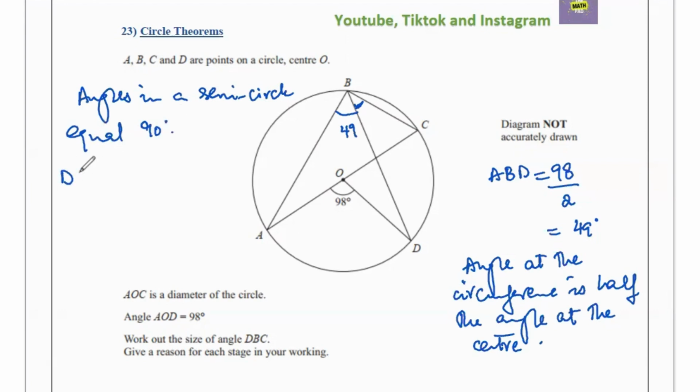Which means DBC is going to be 90 minus 49, which gives us 41 degrees. So that's your answer. Two things happening over here: angle at the center is twice the angle at the circumference, and angles in a semicircle coming out of a diameter will always equal 90. So 90 minus 49 gives us 41.